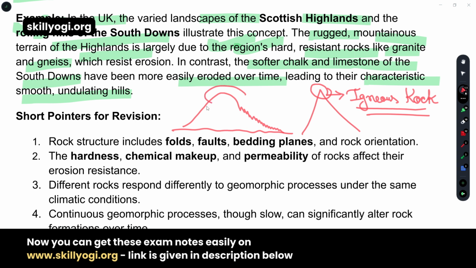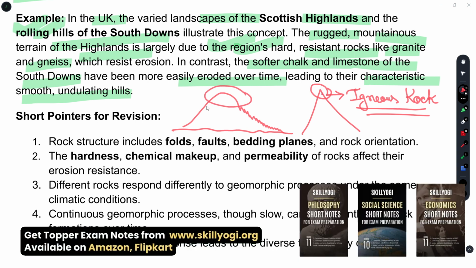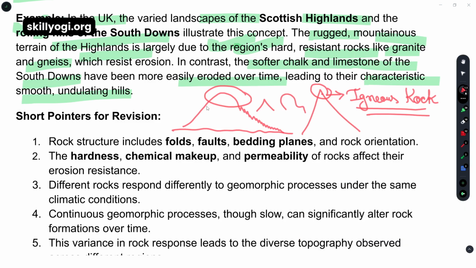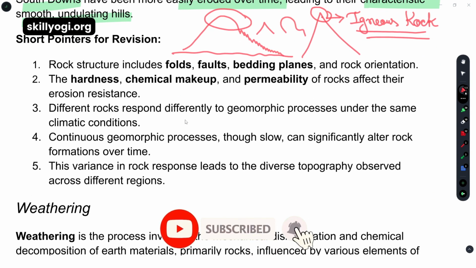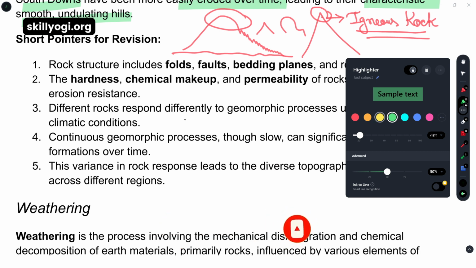This is the shape you can see, and that is the other shape. These two shapes are not equal to each other. So different rates of erosional activity are happening in different mountains, which are composed of different kinds of rocks. I think all of you understand the difference between hard rock and soft rock.